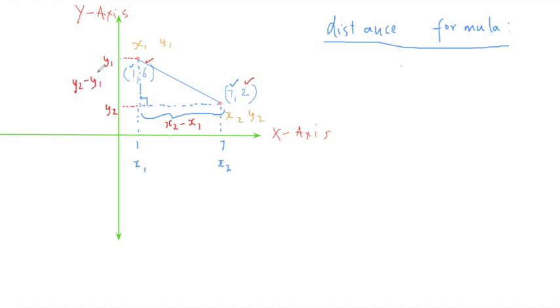Okay. So using Pythagoras' theorem, the distance formula comes about as this distance, let's take it as d. So hypotenuse squared, d squared is equal to x2 take away x1, the difference between the x's squared, plus y2 take away y1 squared. Okay.